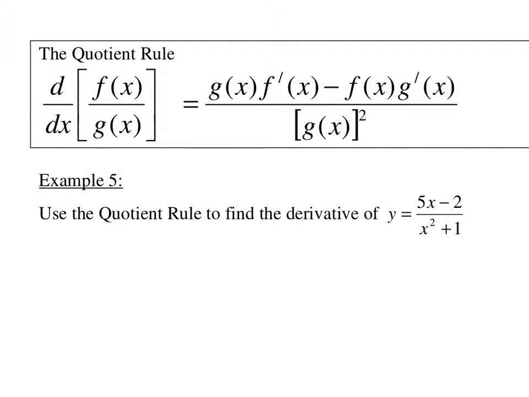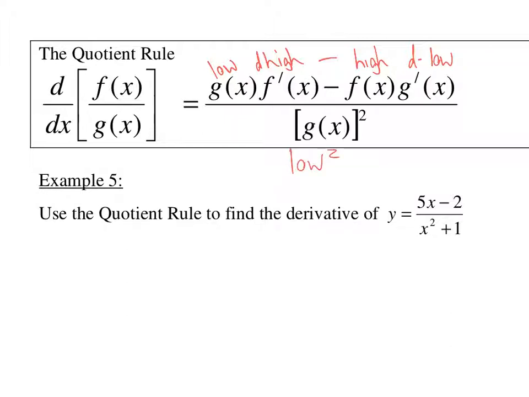Now, there is kind of a catchy way of remembering this. If you think of g, g is always on the bottom. It's the denominator. It's the low one. F is the numerator. It's the high one. You could say low d high minus high d low all over the low squared.